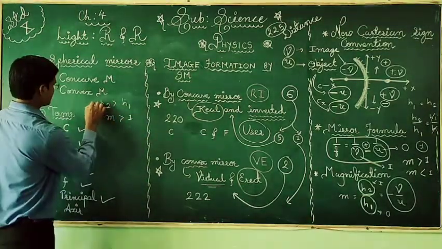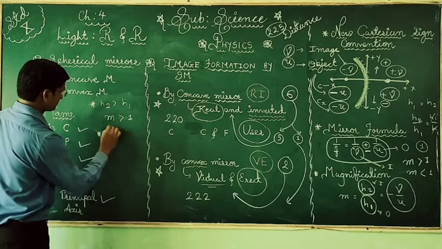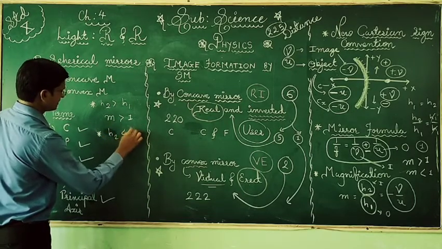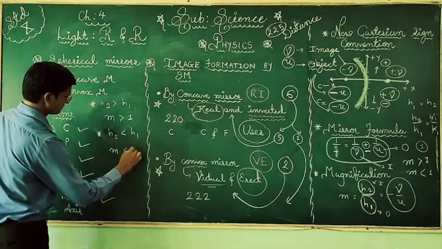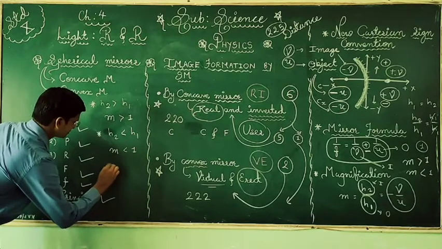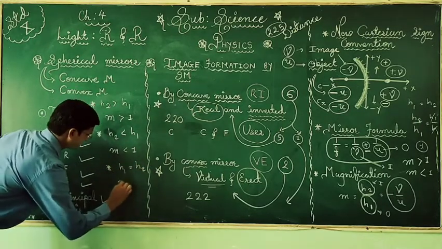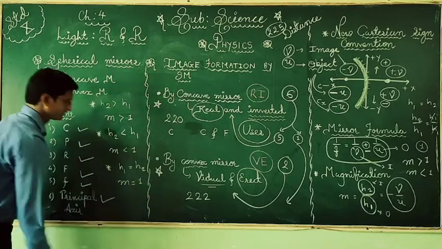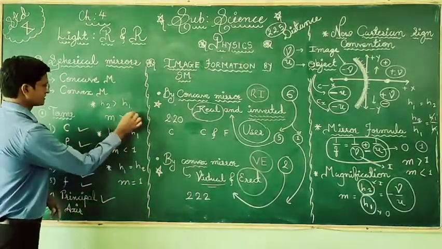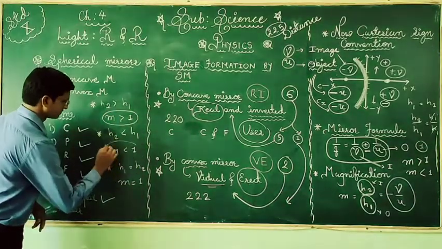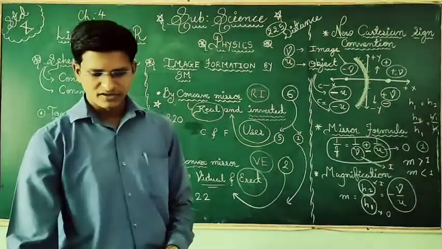That is the first condition. Second, h2 is less than h1, so m is less than 1. And third condition, both are equal, so m is 1. So this is about the magnification.